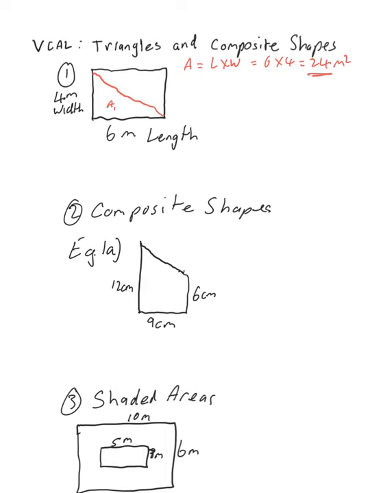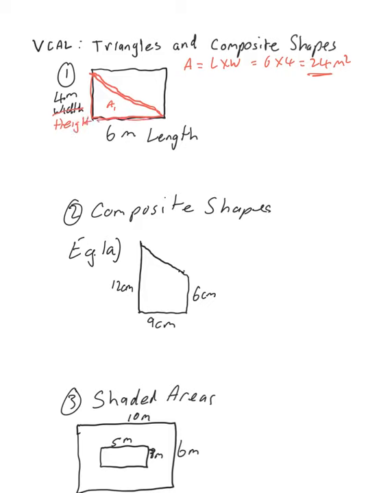Well, let's look at changing. If we just focus on this as a triangle, then instead of calling this the width of the rectangle, it's actually the height of the triangle.